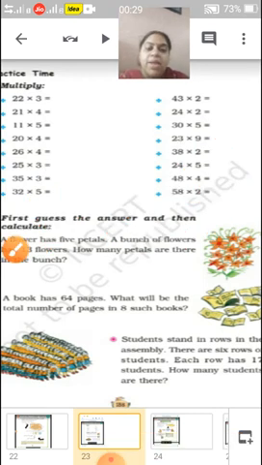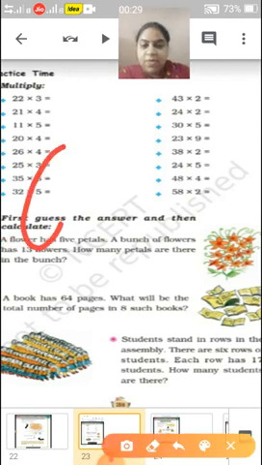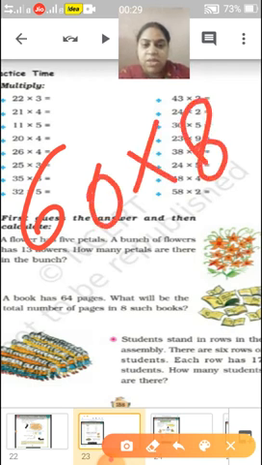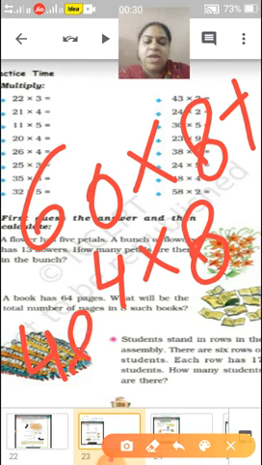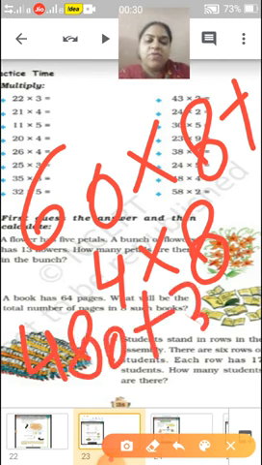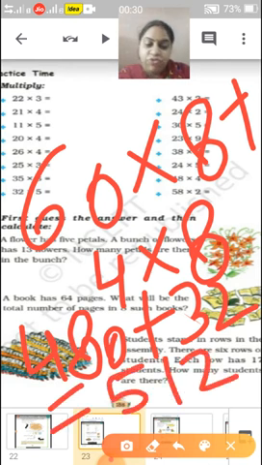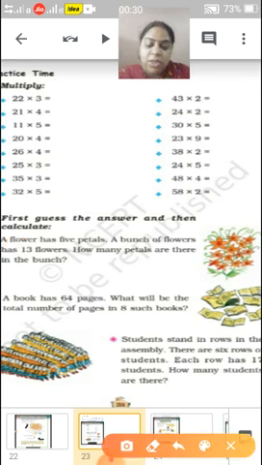Or you can write this in the form of 60 into 8 plus 4 into 8. That means 60 times 8, that means 480, plus 4 8s are 32, that means 512. Okay.